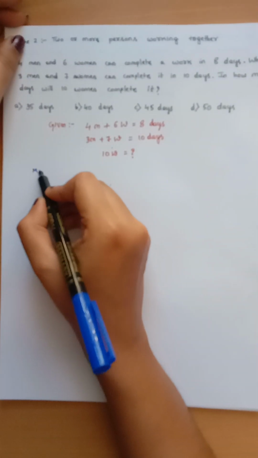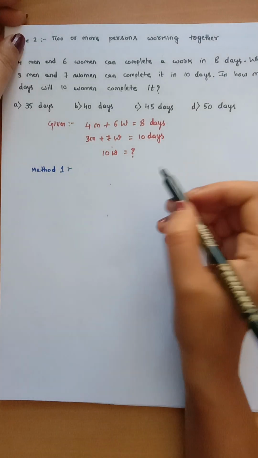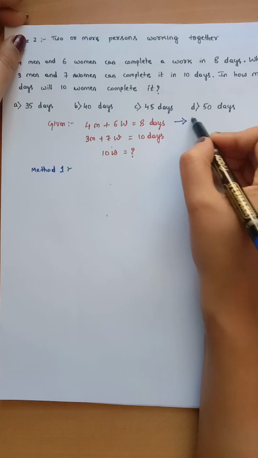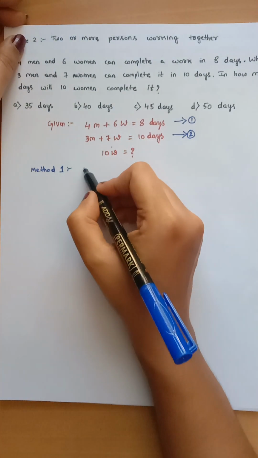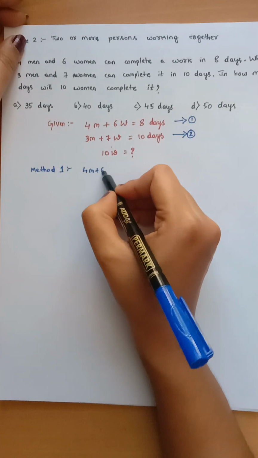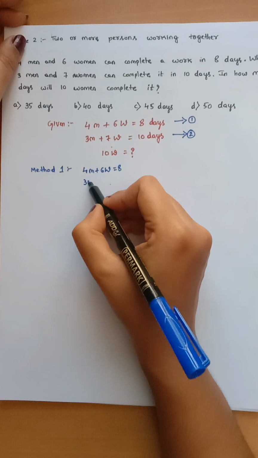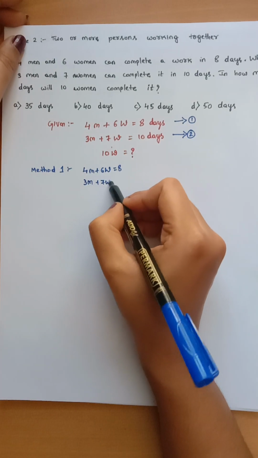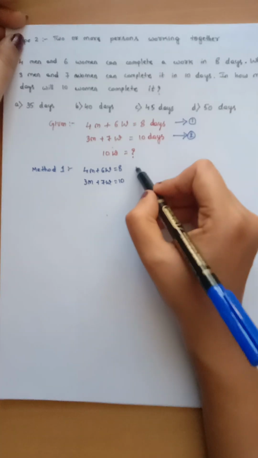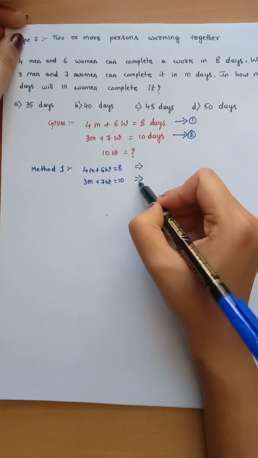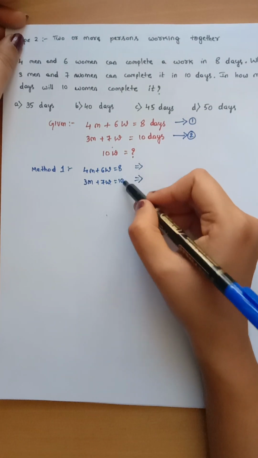Let's start with method 1. Let's consider this one as equation 1, this one as equation 2. Let's note down both. And let's make it a single working day. That means here they did it in 8 days and 10 days.